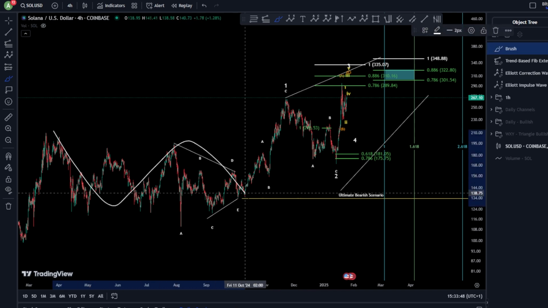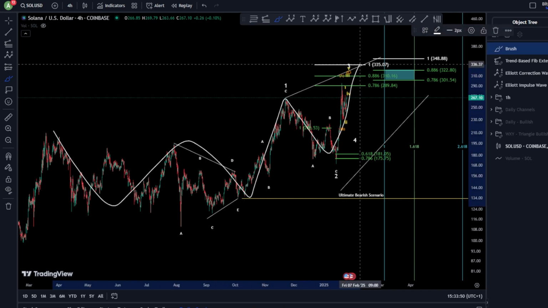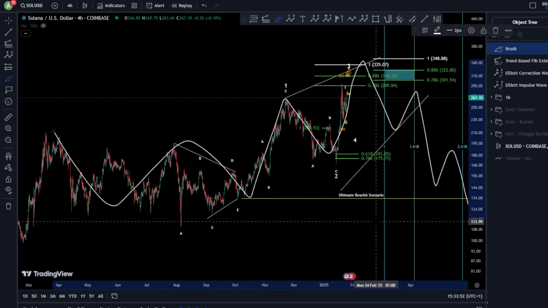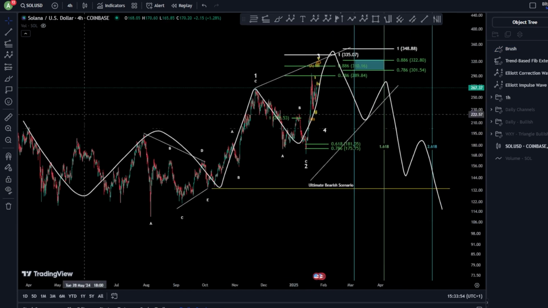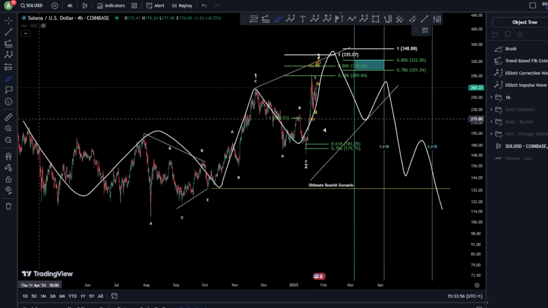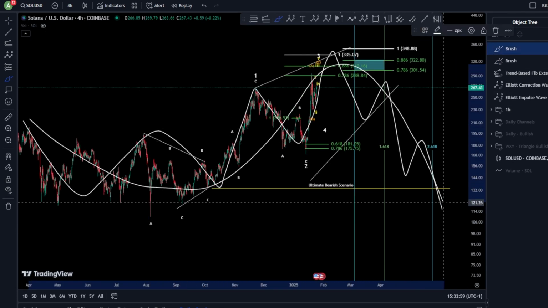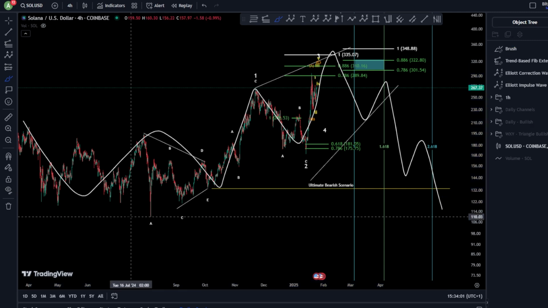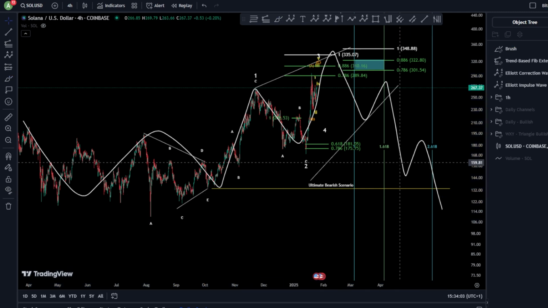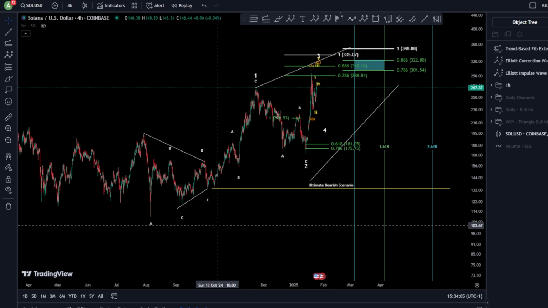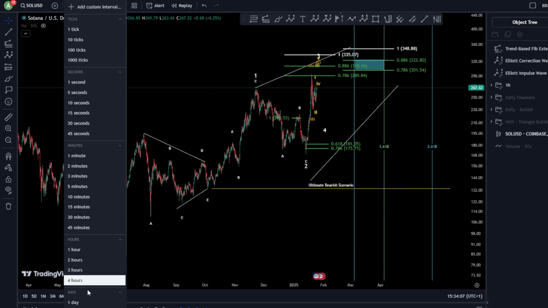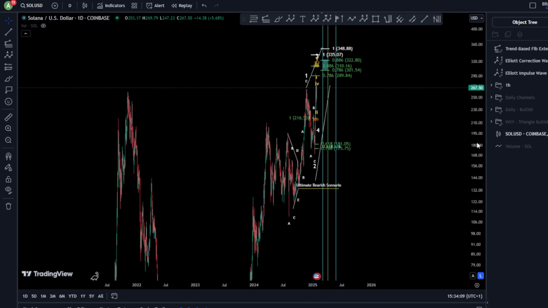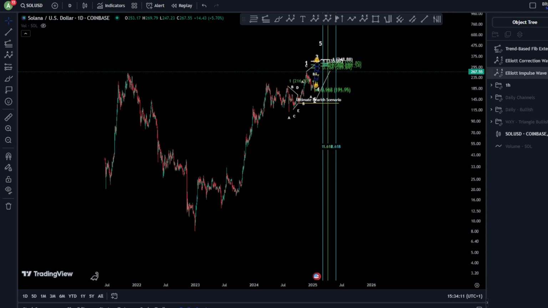Meaning, very simple, 3 waves down, 3 waves up, 5 waves down. This will transform into a big corrective wave as A, B, and a C, probably taking the low. Meaning that we might not have bottomed yet for a wave 4 on the daily. In that case, let's go back to the daily here.